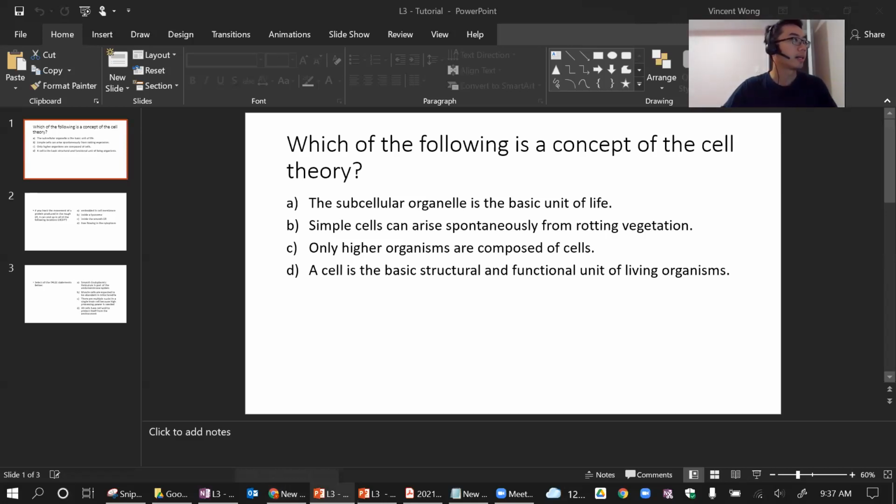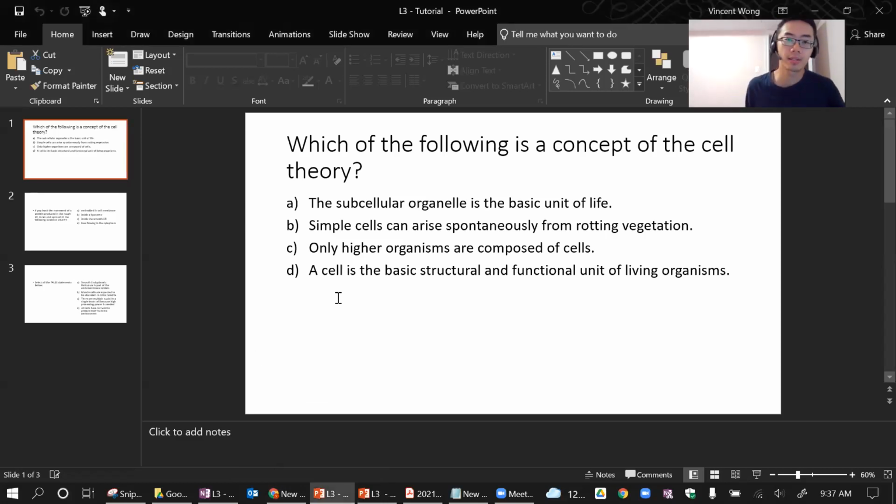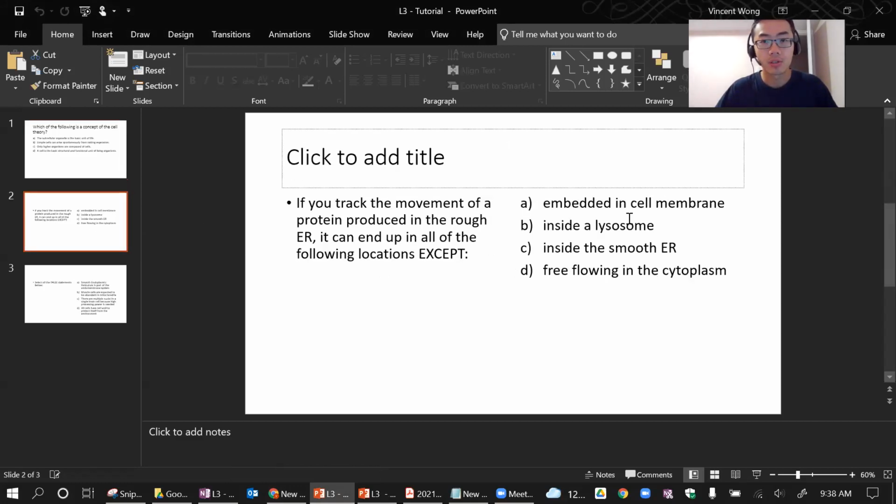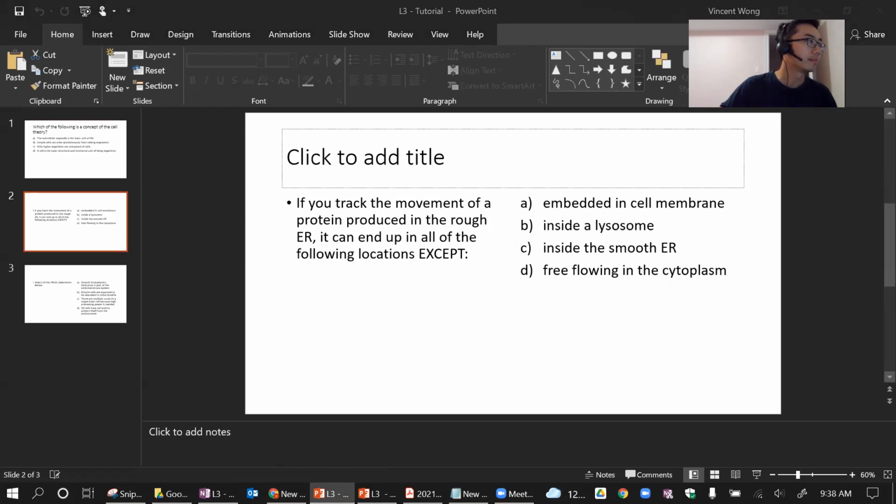Okay, sorry about that, everybody. So yes, the correct answer is D, right? I said it's a basic structural and functional unit of living organism, okay? So that is that. Let's try another one, okay, please. Okay, go ahead.